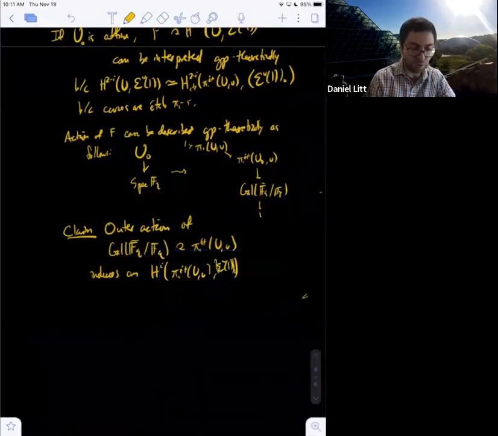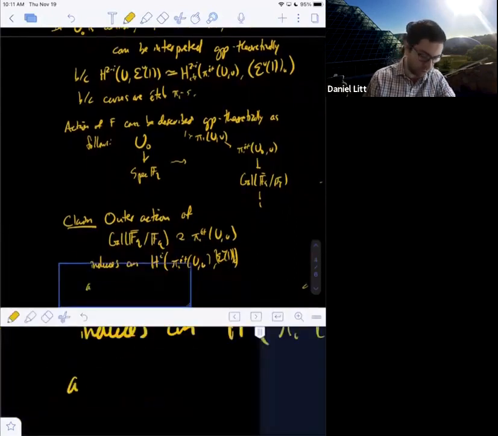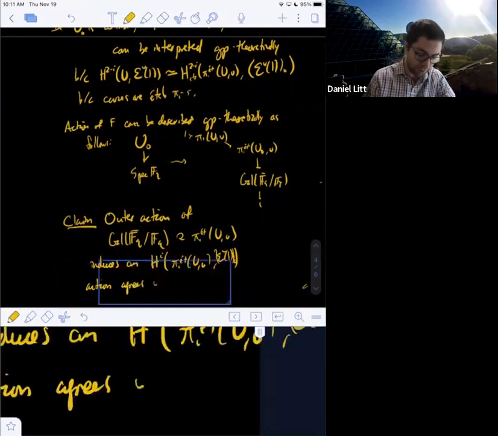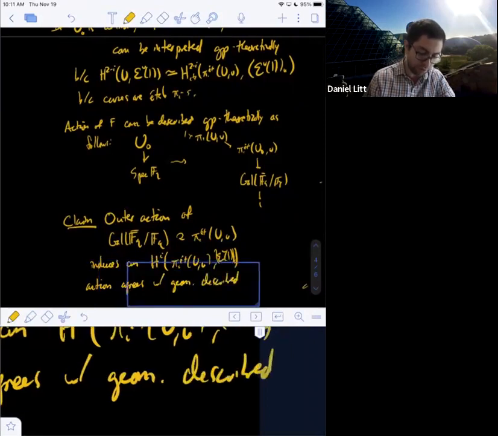So this is formal. So the automorphism group of this group acts on cohomology just by functoriality, and an inner automorphism acts trivially. So outer automorphisms give us actions, and moreover, this action agrees with the geometrically described Frobenius action.